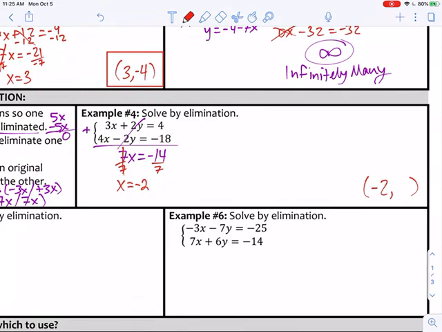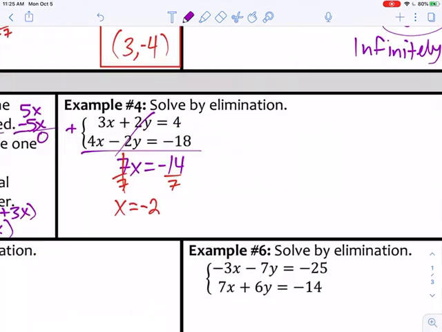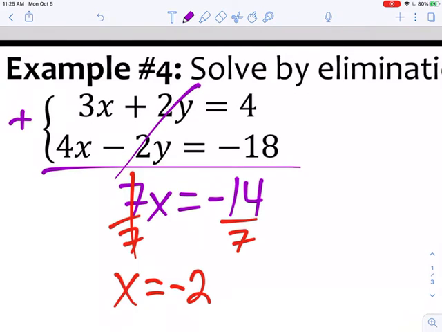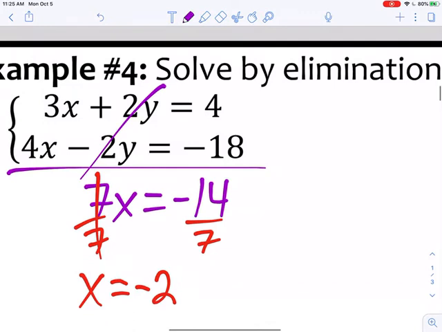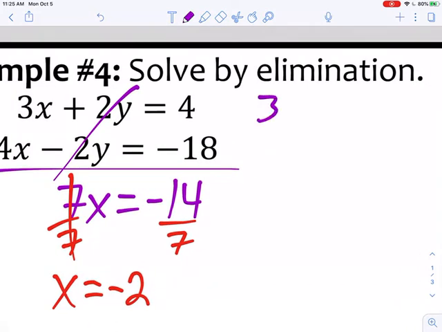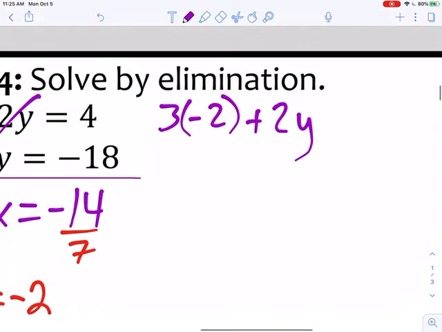So now I'm going to do the exact same thing I did before, except we even have a little bit more freedom. We can plug this into any equation that we want because we haven't really manipulated any of them. So you just pick whichever one looks easier. I'm going to choose the top. 3x, but instead of x, we've got negative 2, so we're still substituting. Plus 2y equals 4.